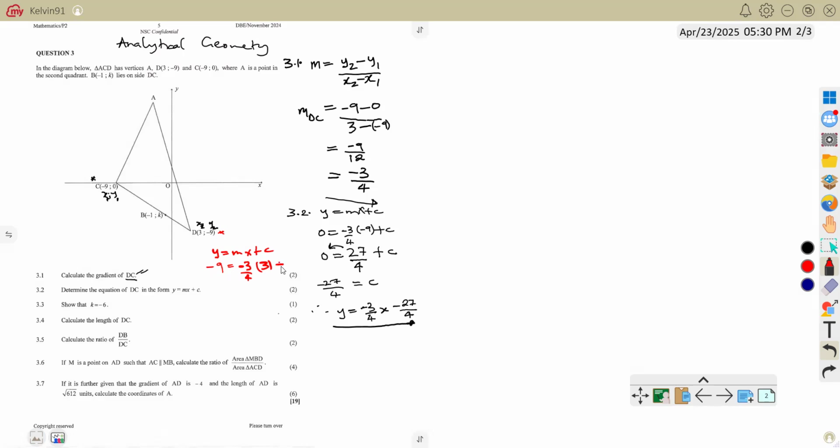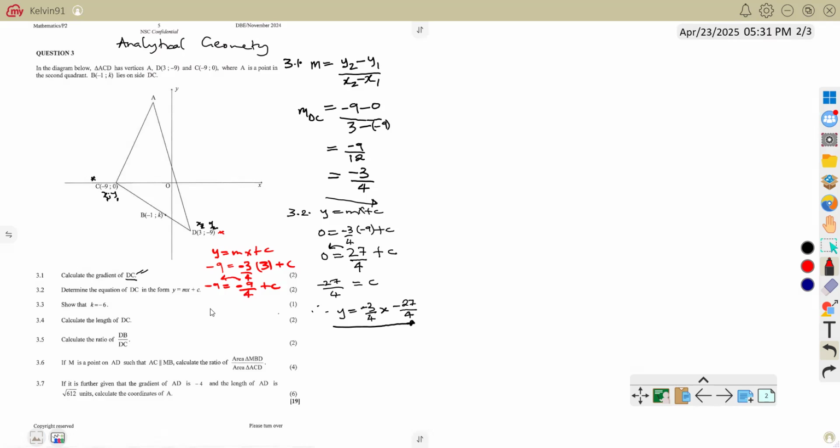plus c. So you are left with negative 9 equal to negative 3 times 3. We are going to get negative 9 over 4. Can use your calculator. Then we are solving for c, so we are going to transpose that to that side. It's going to be negative 9.